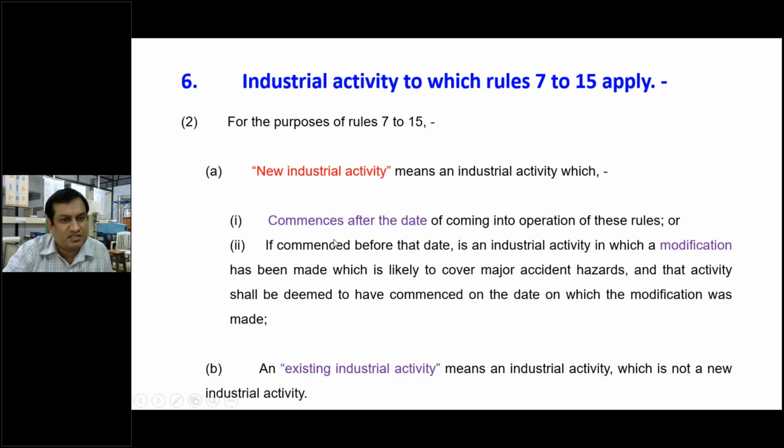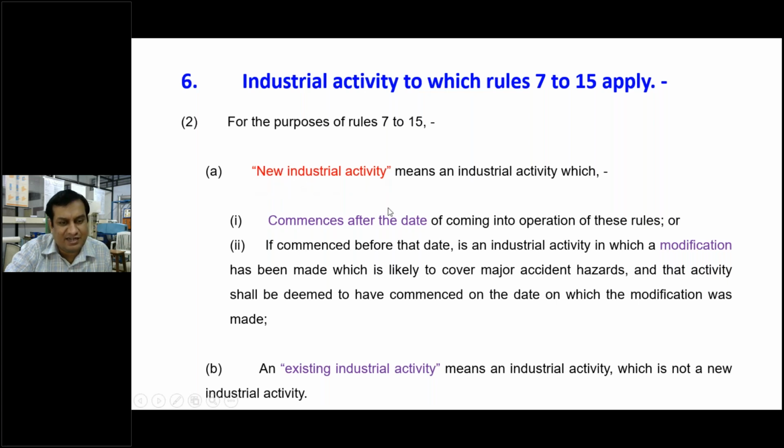So for the purpose of rules 7 to 15, a new industrial activity means any industrial activity which commences after the date of coming into operation of these rules. So if an activity is added later on, after the date of coming into operation of these rules, then it is called a new industrial activity. Why is this word new there?